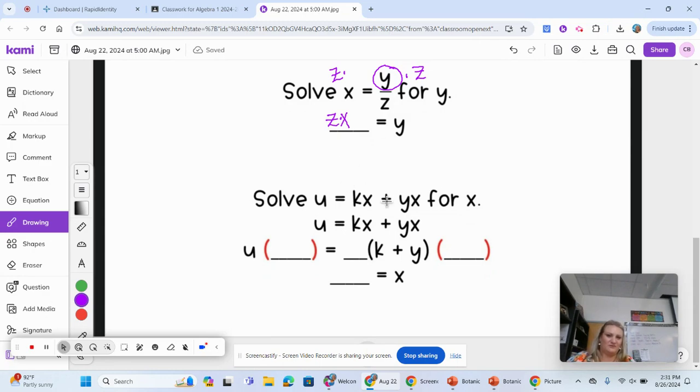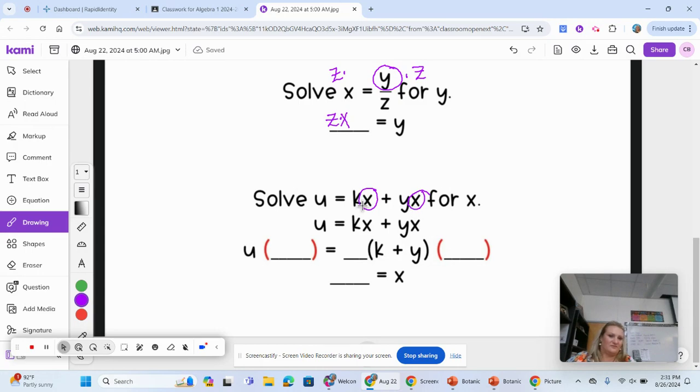Okay. All right, this one's a little bit harder. This says solve u equals kx plus yx, and you're going to solve for x. So if you're solving for x, how many x's? You have one x, then you have 2x. So what we're going to do is get rid of both of these.